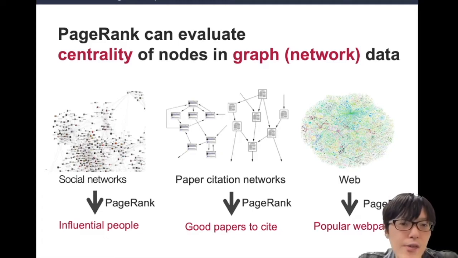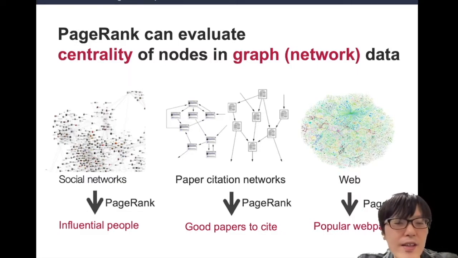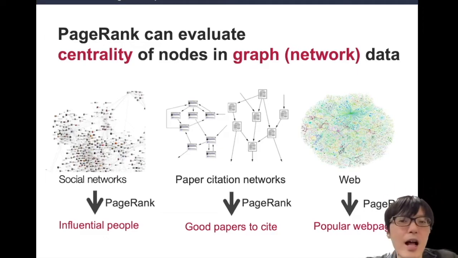If we apply the PageRank to the web, we can find the popular web pages. The PageRank is very powerful and very useful to evaluate the centrality of nodes in graph data. So that's why the PageRank is often used and very important. Okay, that is all about the PageRank algorithms.